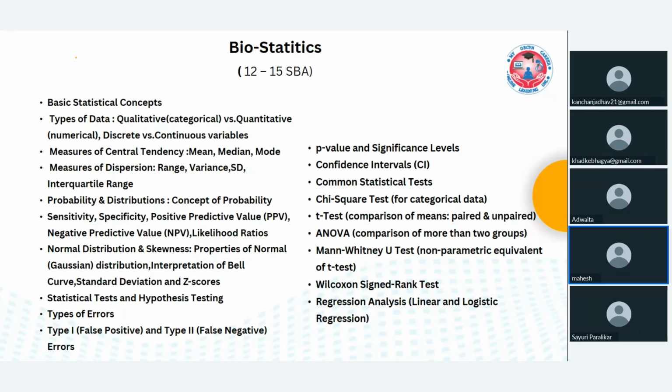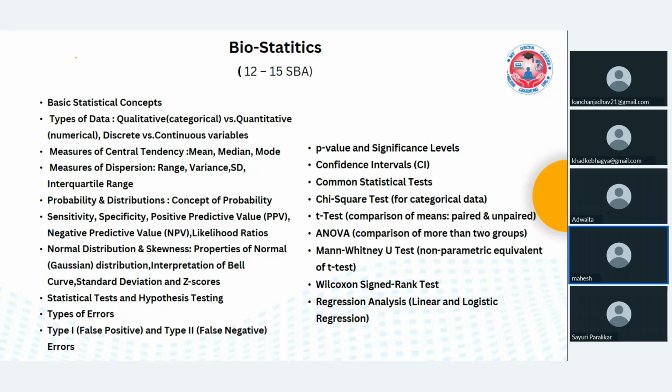They are expecting basic statistical concepts such as types of data, qualitative, that is categorical, versus quantitative, that is numerical, then discrete and continuous variables, measures of central tendency such as mean, mode, median, measures of dispersion like range, variance, standard deviation, interquartile range, probability and distribution, concept of probability, then sensitivity, specificity, and positive predictive value as well as negative predictive value, and likelihood ratios, very frequently asked in part 1 as well as part 2 examination.